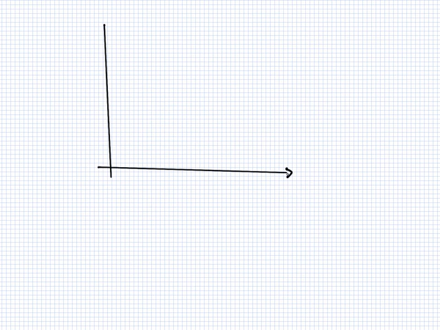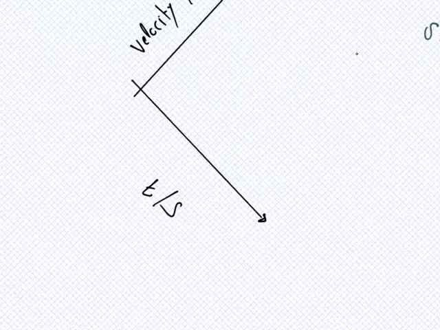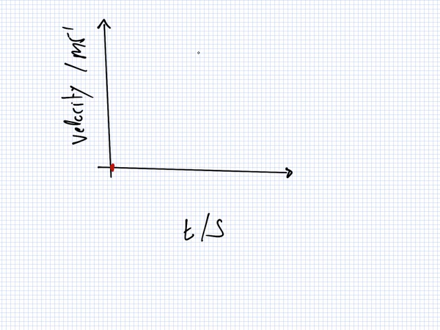Okay, so this is time in seconds, velocity in meters per second, and we'll have this, whatever it is, accelerate up to maximum and then decelerate back down to rest.